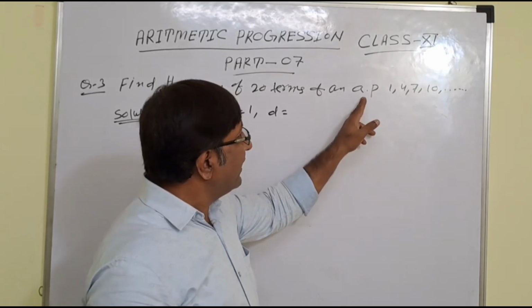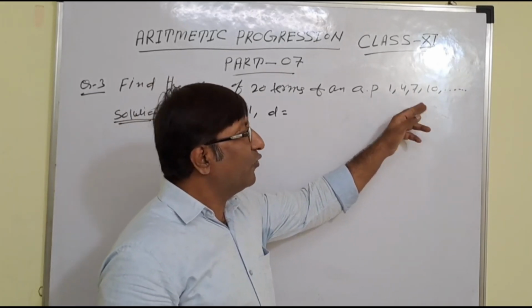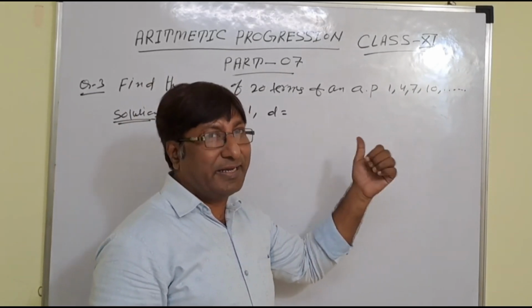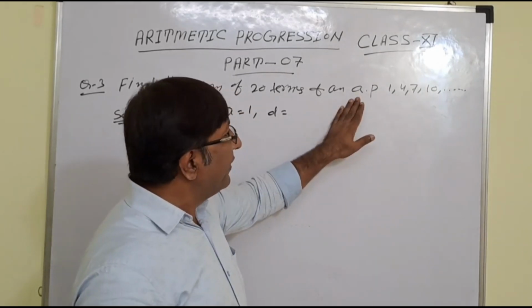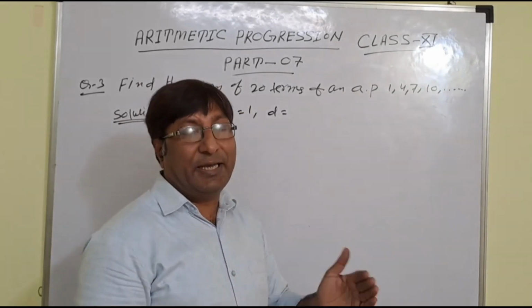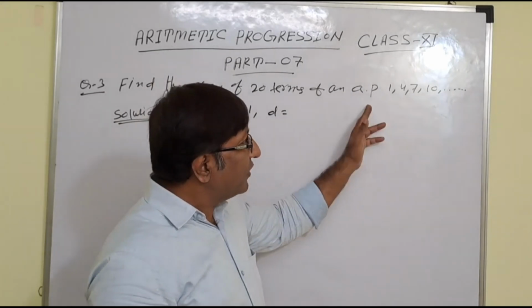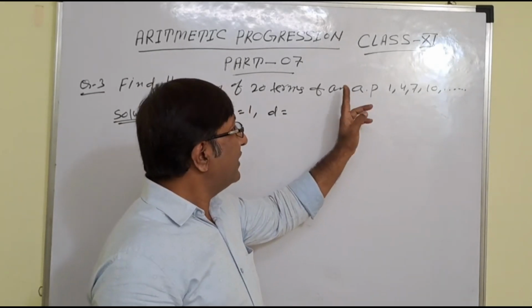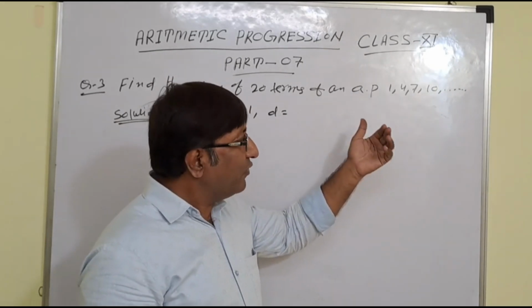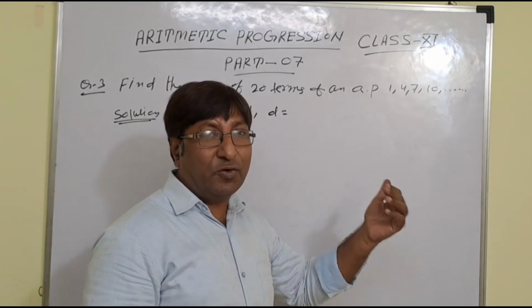If the AP is already given, there is no need to find all the differences, only the second minus the first. If it is not given as an AP, then we will check whether it is an AP or not, finding the difference for the whole series.